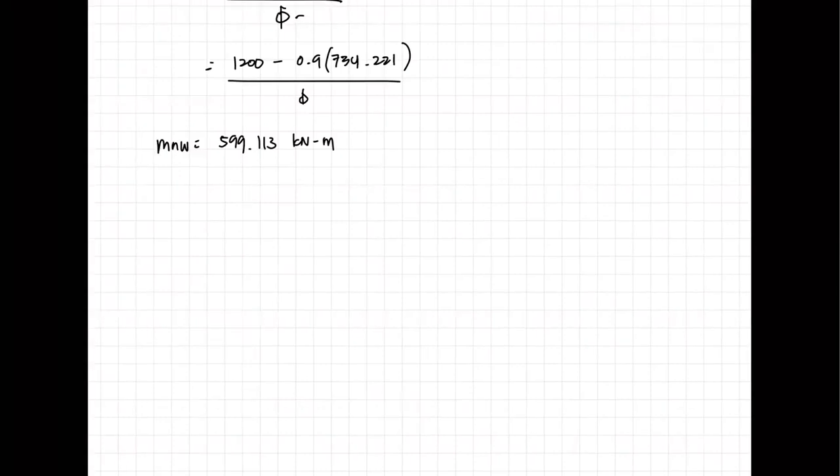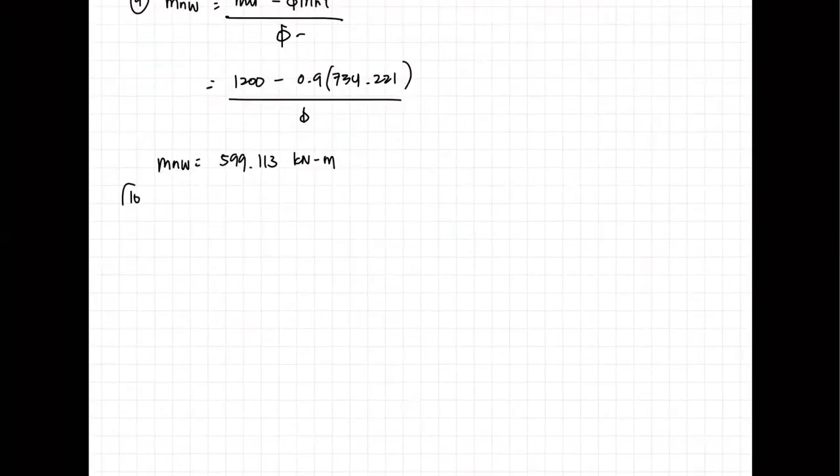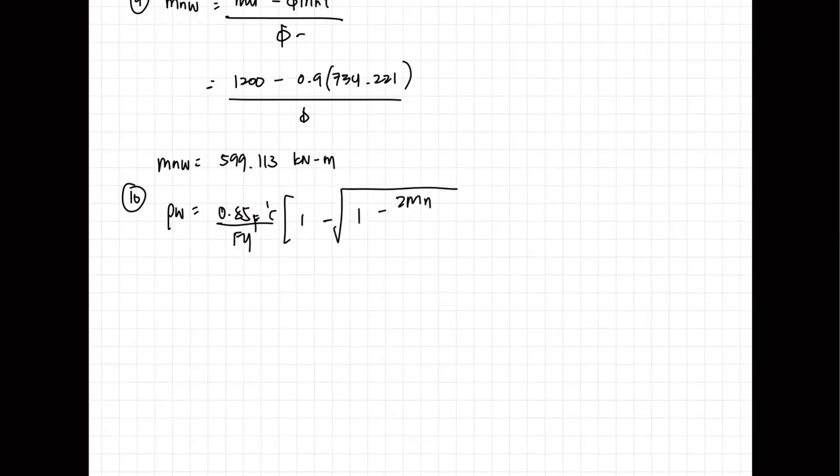Now that we have that, we can calculate our rho using 0.85 F prime C over Fy times 1 minus square root of 1 minus 2MnW over 0.85 F prime C BW D squared.